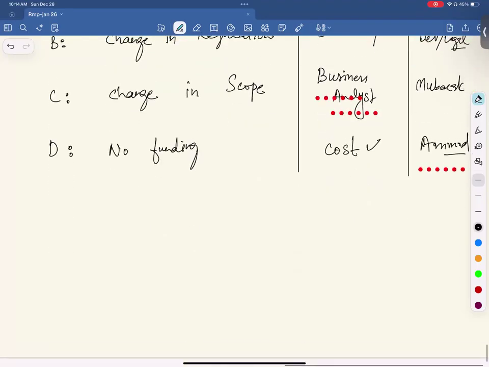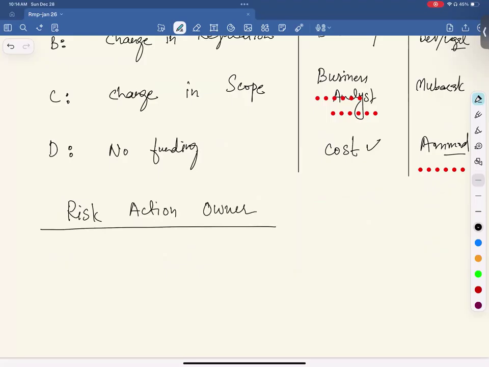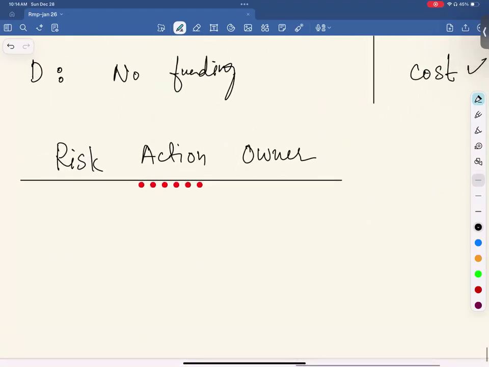Next is risk action owner. The job of the risk action owner is to plan and take action whenever the risk is realized.